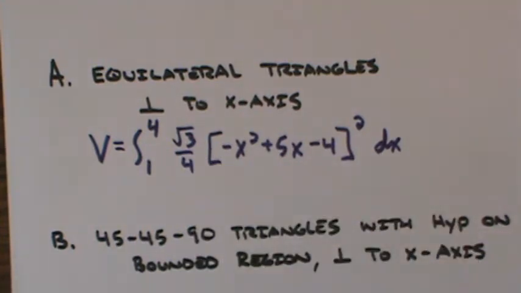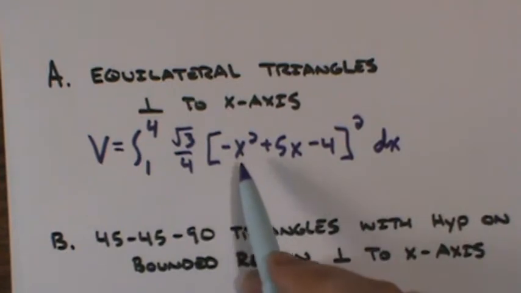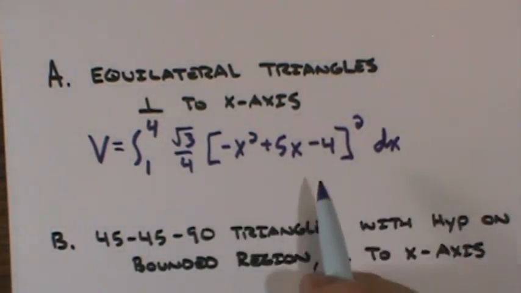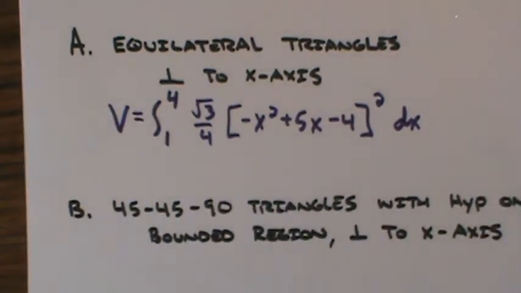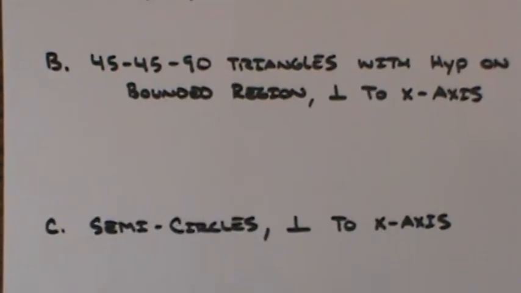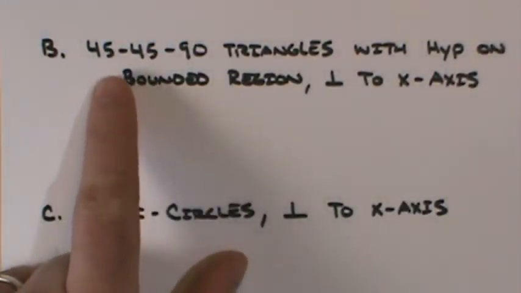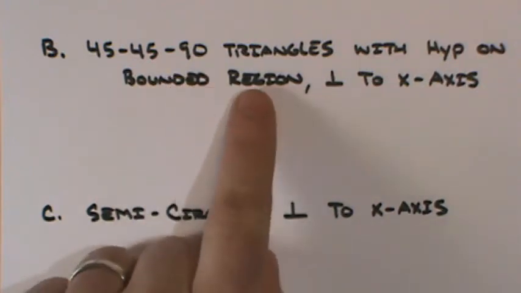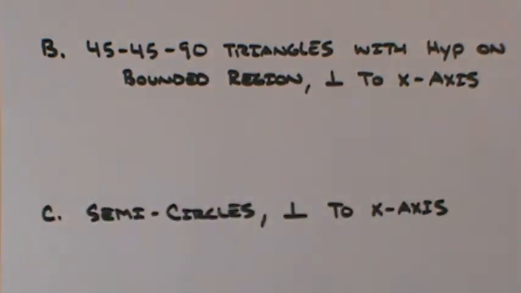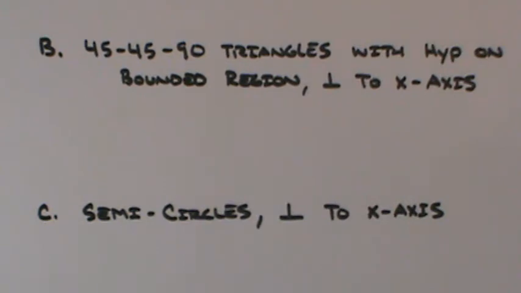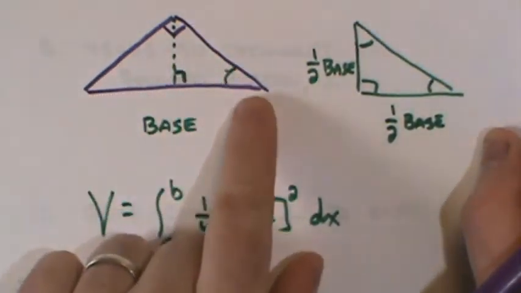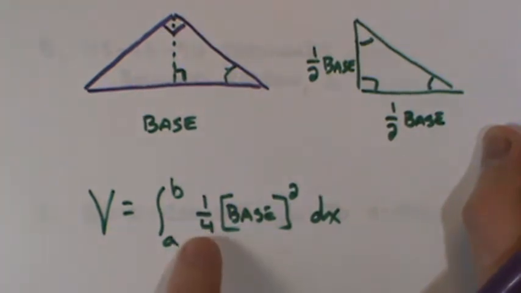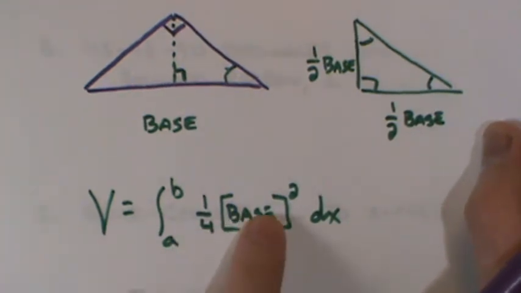Now I can either put that in a calculator, or in some instances I may be asked to actually expand that and then integrate it, but that's really not that challenging to do. For the second question, I'm asking to do a 45-45-90 where the triangles have the hypotenuse on the bounded region. And again, in the previous video, I set this up. We've got a formula that says if we're going to work with 45-45-90 right triangles, we're just going to take 1/4 the base squared.